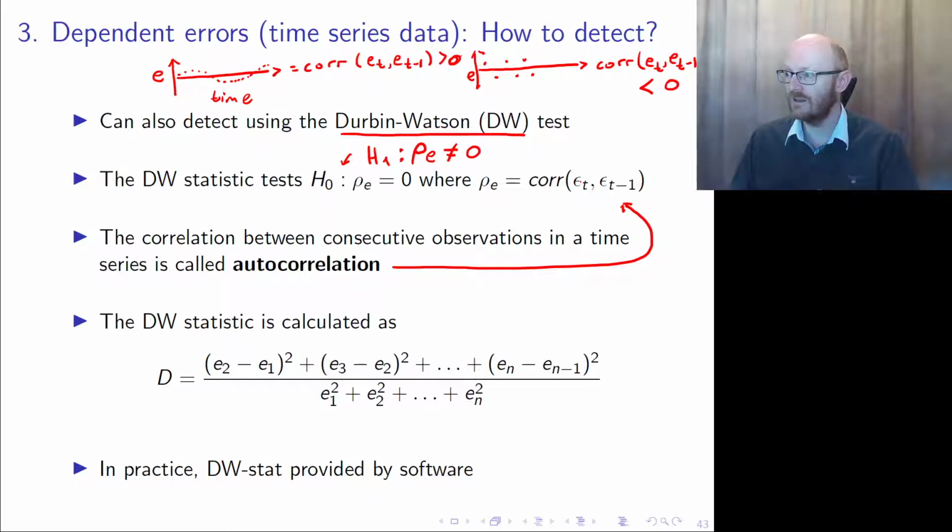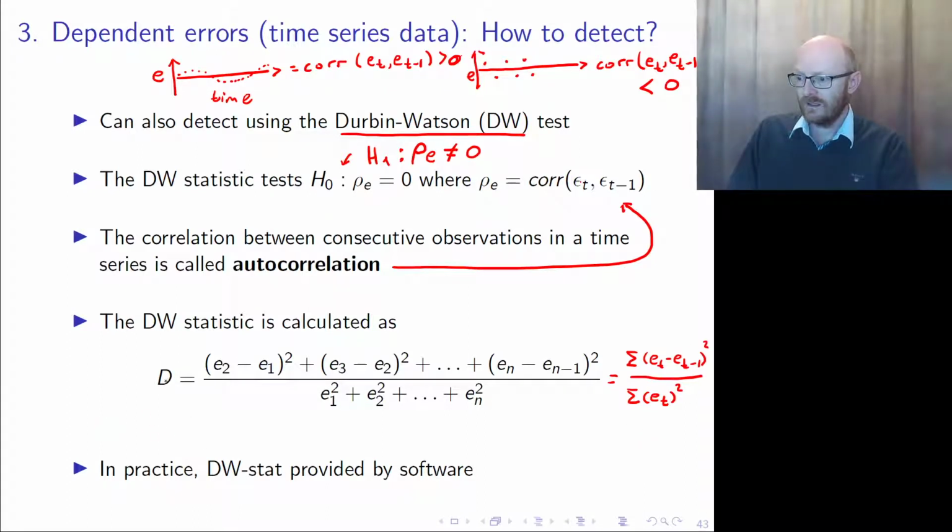You say that the residuals or the errors of the regression are autocorrelated, and the Durbin-Watson statistic is just calculated as d equals the sum of the squared differences of these errors, the sum of (e_t minus e_(t-1)) squared, divided by the sum of e_t squared.